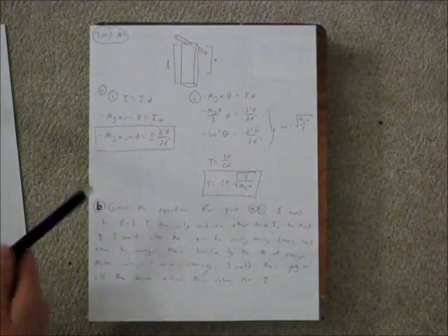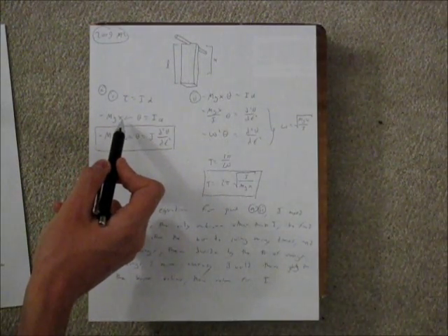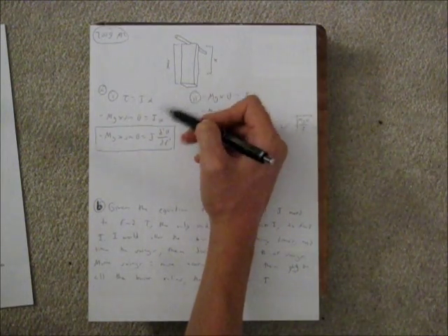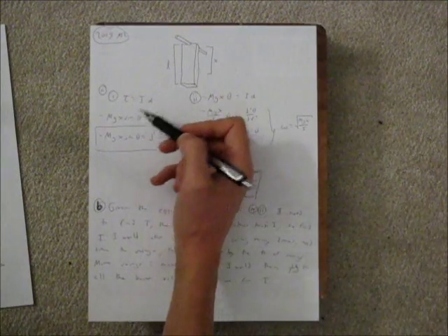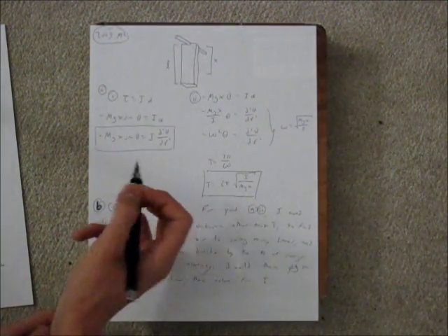So, this is the force of gravity times the radius, and you also have to find the force that's perpendicular to the bar, so you have to multiply it by the sine of theta. That's equal to I alpha.